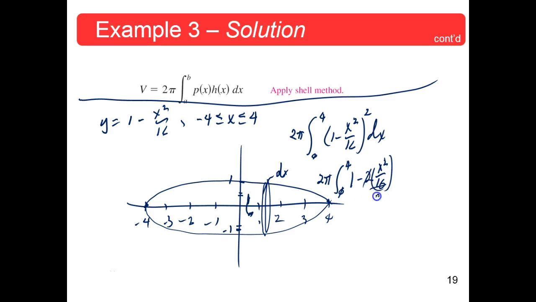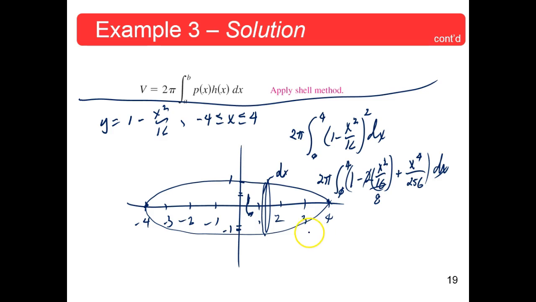And 2 will go into 16 8 times. Okay? And then what's the last part? Plus this thing squared, which would be x to the 4th over, and what is 16 squared? 256, is that it? That's what I think it is. Someone check me out. 256, okay? And that will be times your dx.